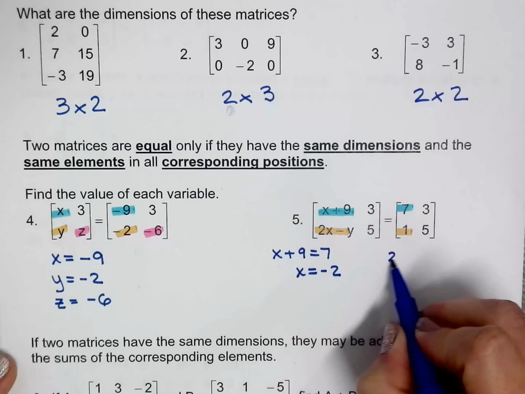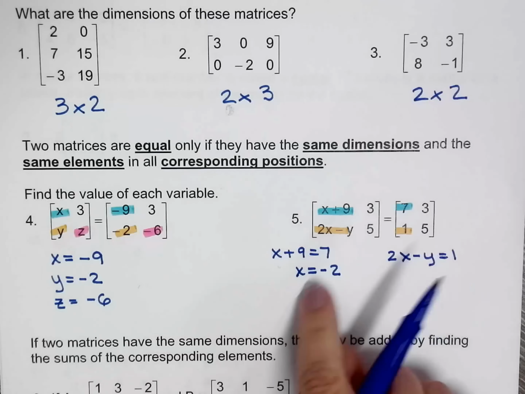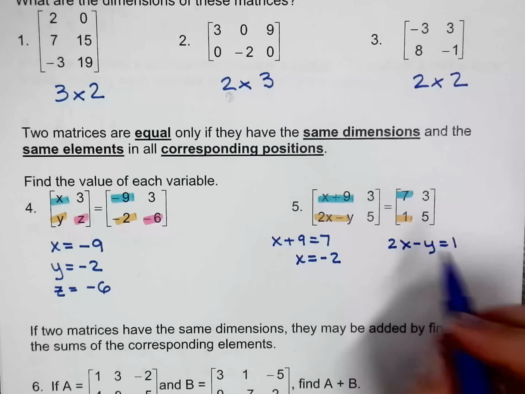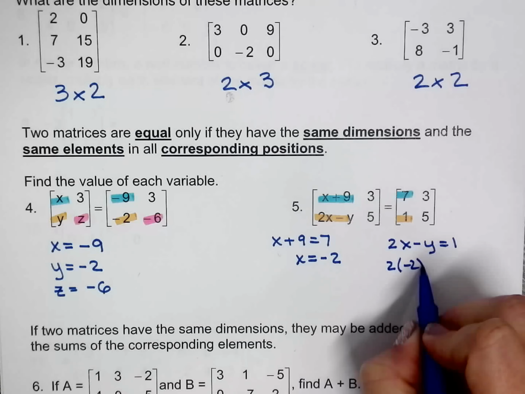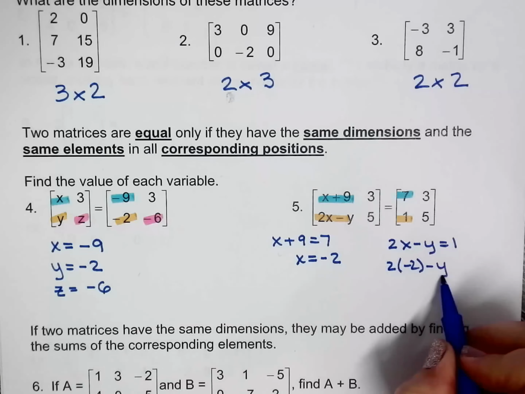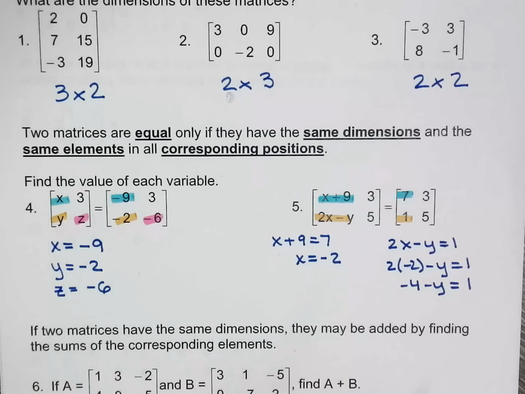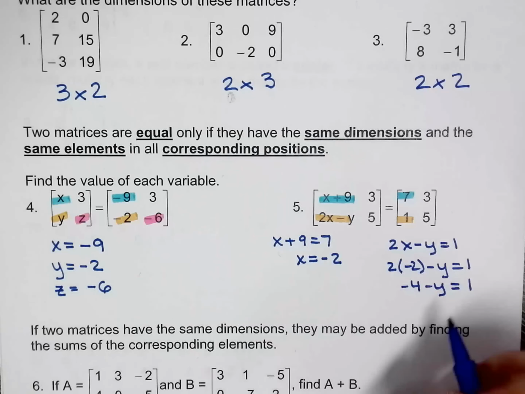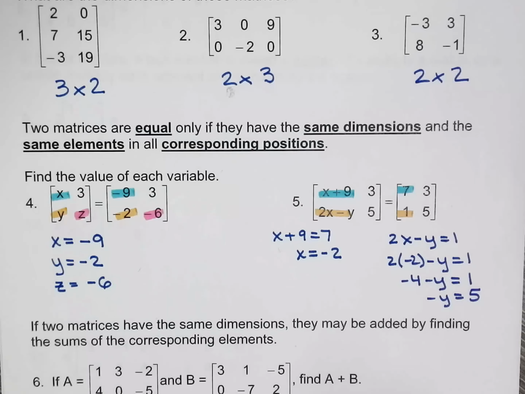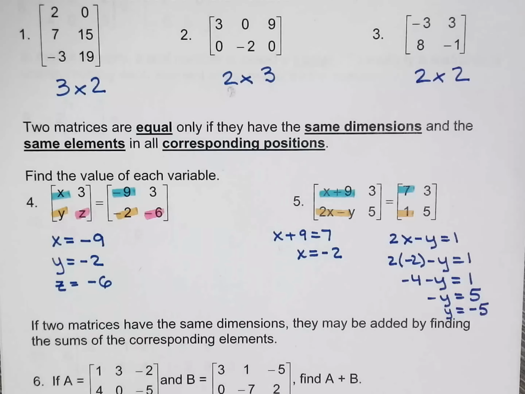So set it up: 2x minus y equals 1. We already know x equals -2, so substitute that value for x. 2 times -2 minus y equals 1. Here I have -4 minus y equals 1. Add 4 to both sides, that gives you 5. Divide both sides by -1. y equals -5.